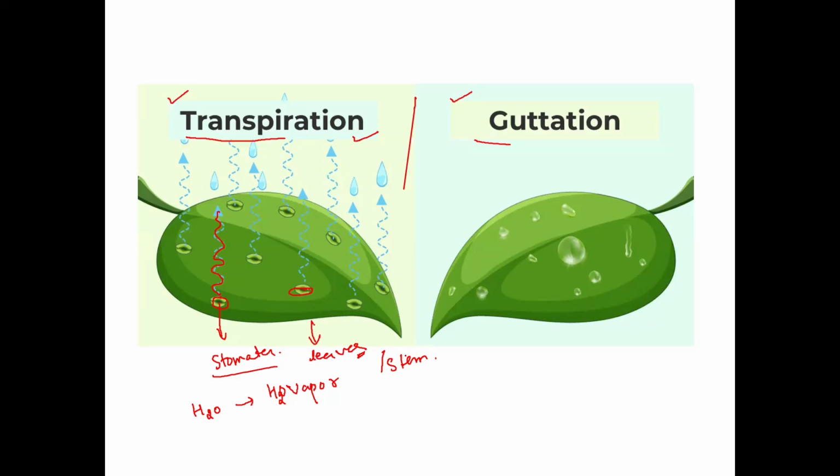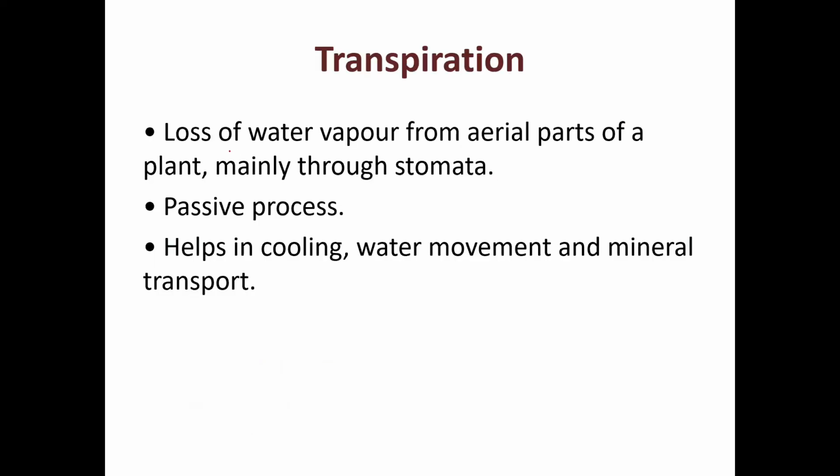Think of it like a straw. As water evaporates from the leaves, more is pulled upward. So basically transpiration is a loss of water vapor from aerial parts like leaves and stem of a plant, mainly through stomata. It's a passive process.